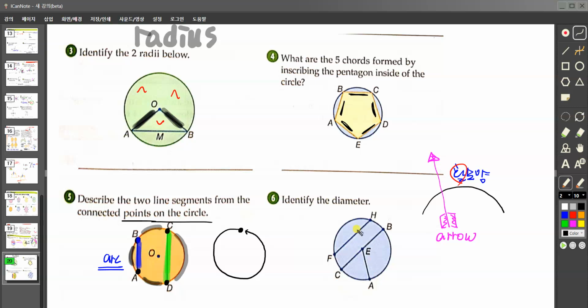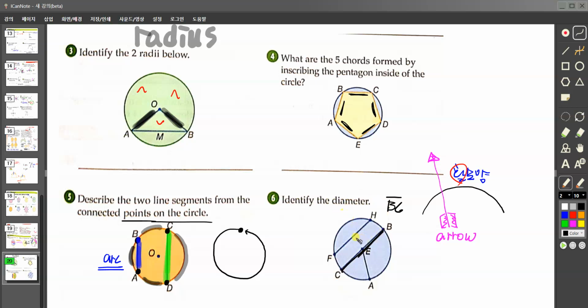Identify the diameter. Where is the diameter in this figure? The diameter is BC, which is a kind of segment.